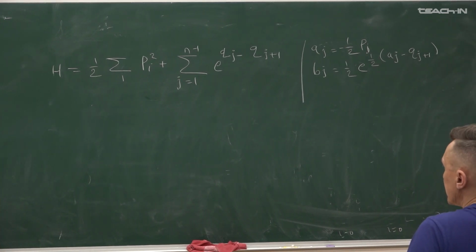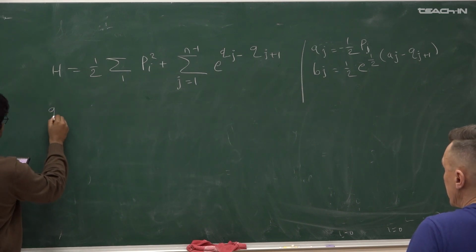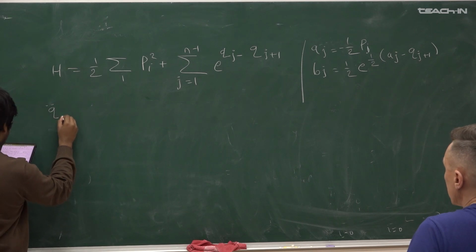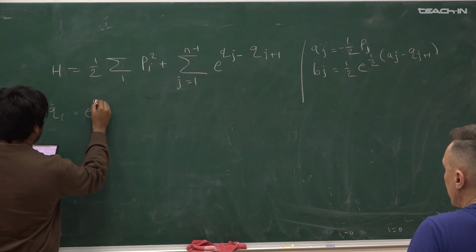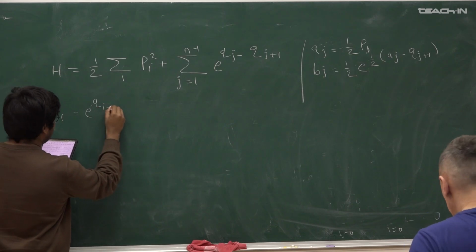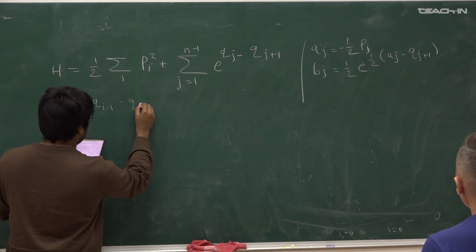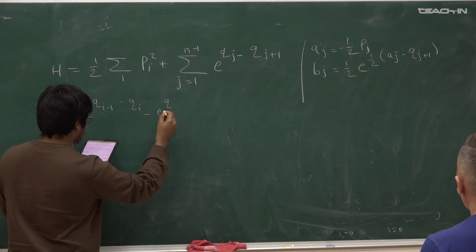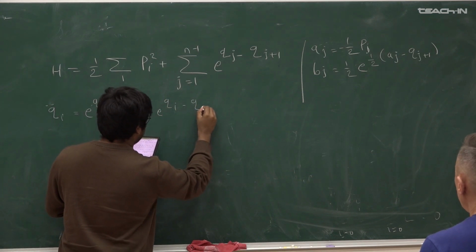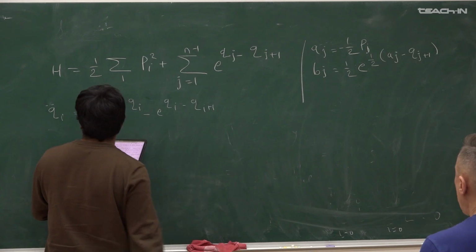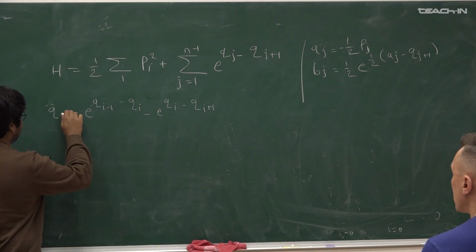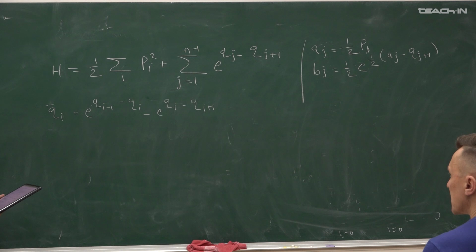So the equation of motion we can find from the Hamiltonian equations, and in general coordinates it was the following thing. Yes, but you need the first derivatives with respect to time.